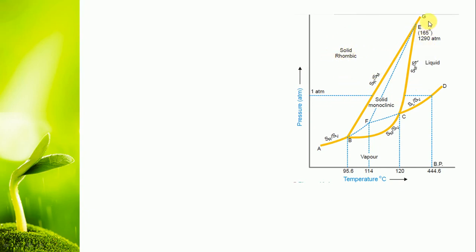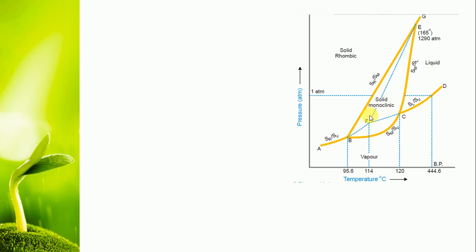Another area, DCEG, is dedicated to liquid sulfur. And the area BCE, or conversely BEC, is dedicated to monoclinic sulfur. So we have got four areas in the sulfur system curve.